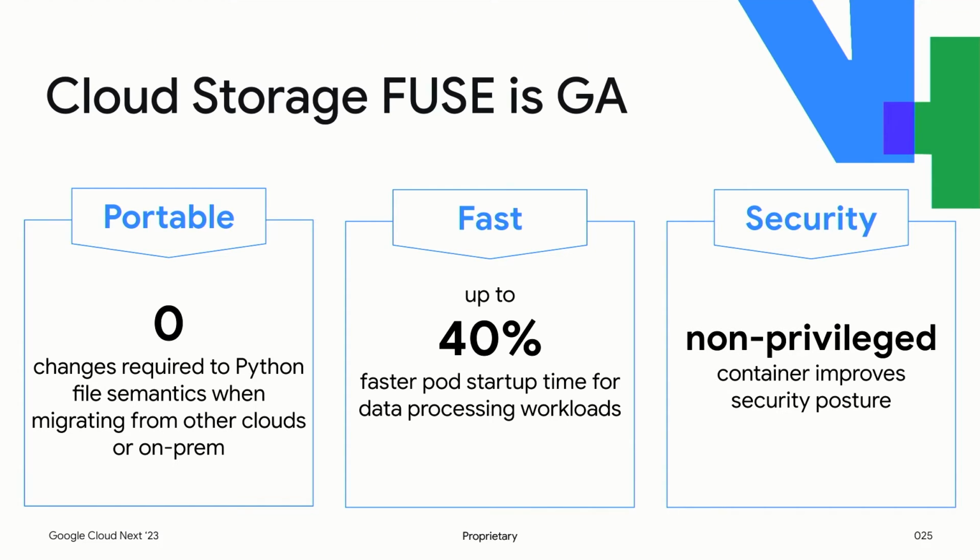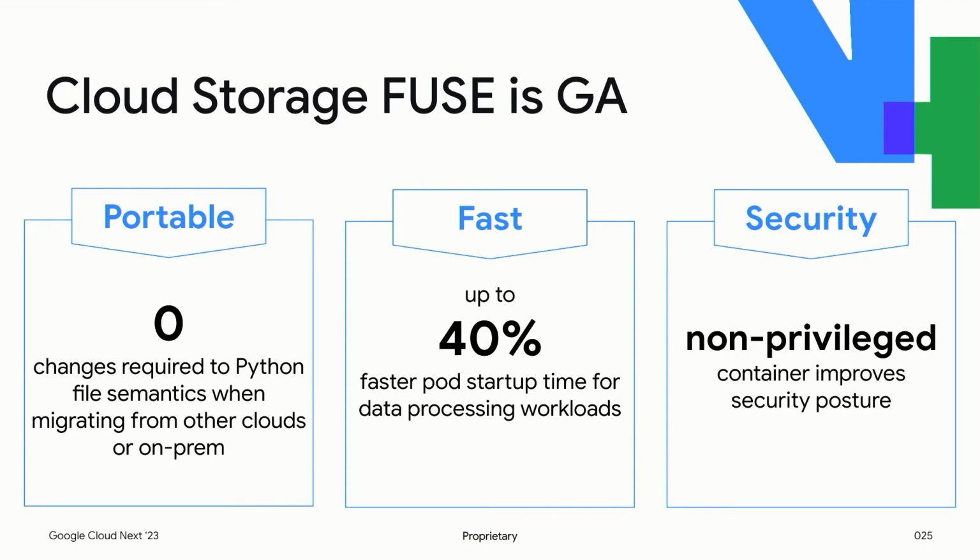If your workloads fetch unstructured data, now you can move those workloads to GKE without requiring any change to how you access files. Standard Python file semantics work out of the box to fetch data from Google Cloud Storage, making your applications more portable than ever before.